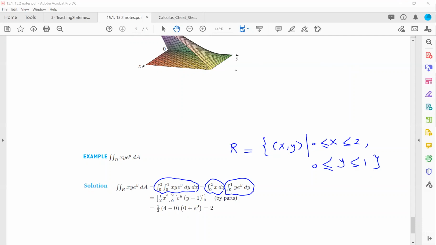R is a rectangle. This is your R, 0 to 2, 0 to 1. This is the domain on which you are taking the integral.